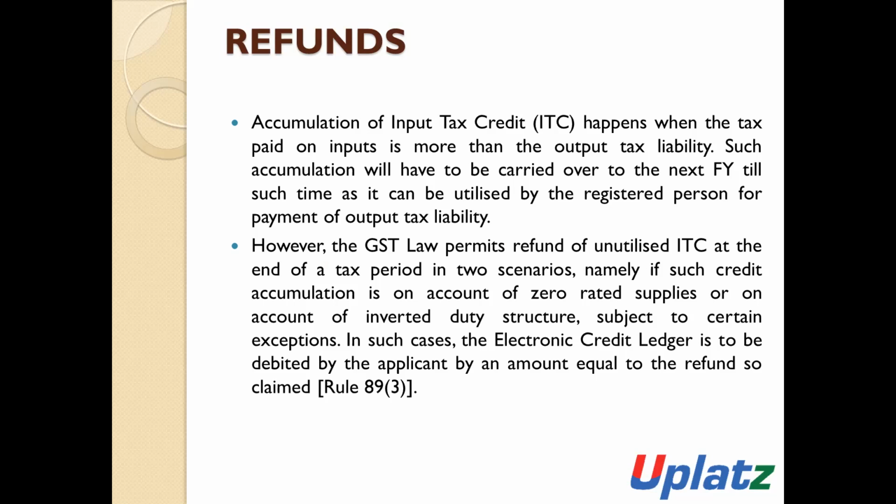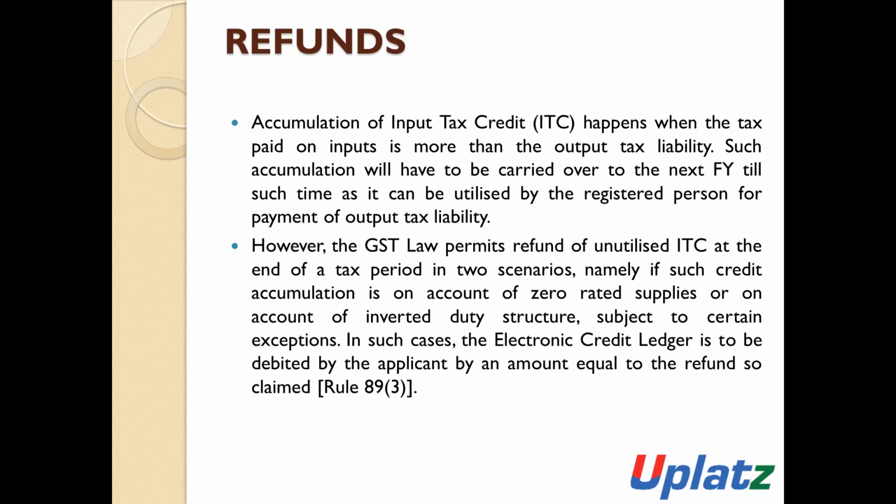So in this case, the amount of input tax credit is 20,000 and the amount of output tax liability is only 10,000. Such a situation, where the amount of input tax credit is more than the output tax liability, is known as accumulation of input tax credit.